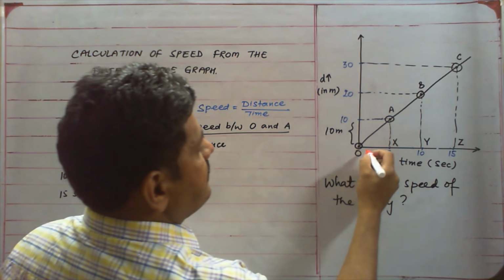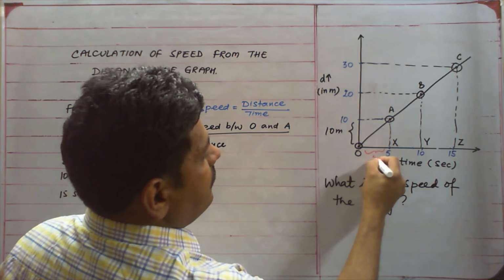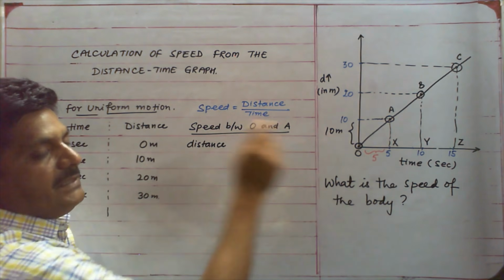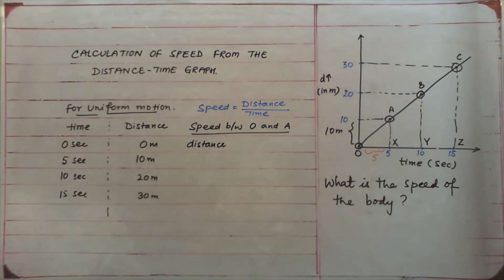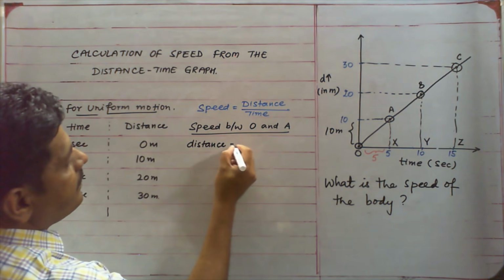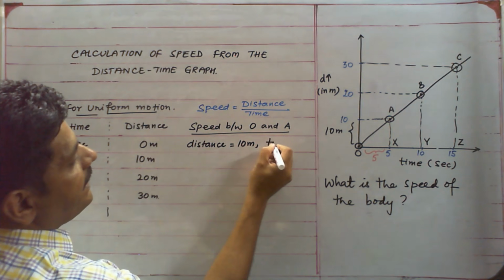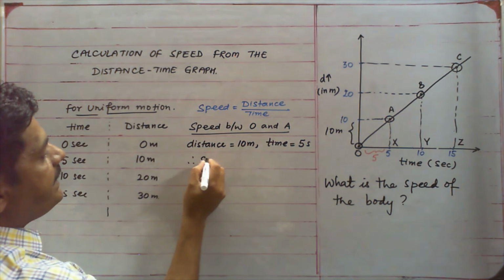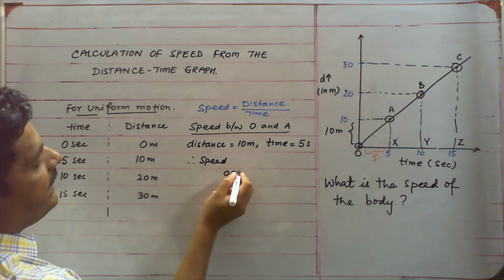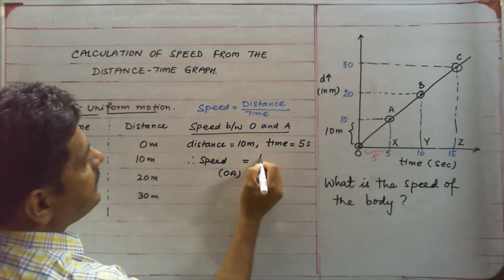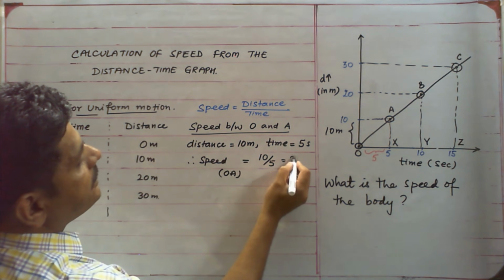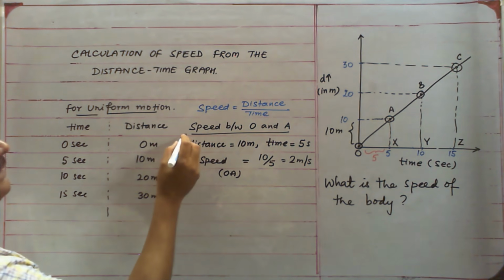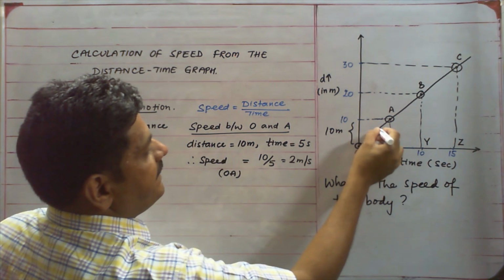The time is 5 seconds. Therefore, speed between O and A is equal to 10 by 5, so it is 2 meter per second. This is how we get the speed between O and A.